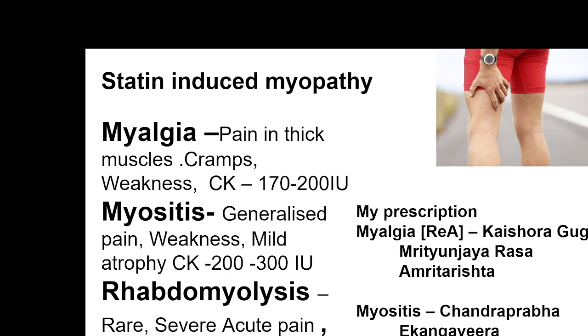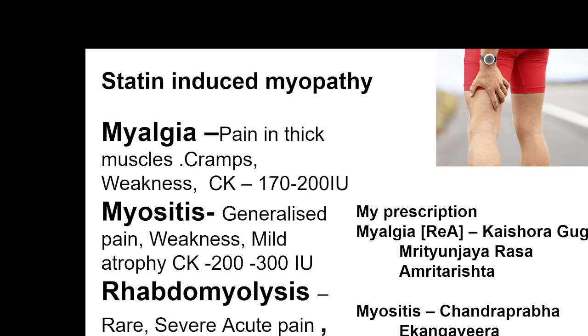See, as per the pharmacological studies or observations, muscle damage like myalgia, myositis would occur only in around 5% of the patients on statin. But what I have observed is that more than 70% of the patients who are on statin will develop the symptoms of mild myalgia or occasional myositis.